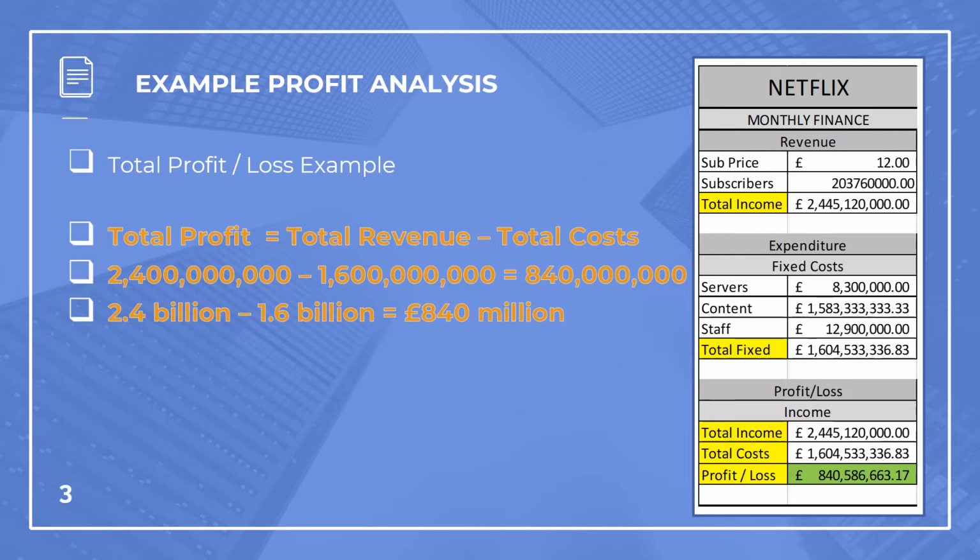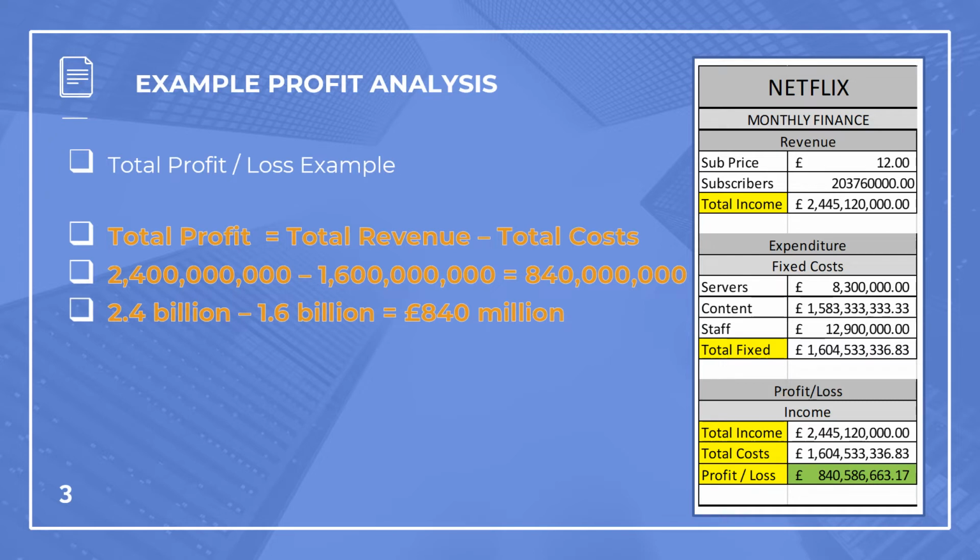If we look at our revenue for Netflix, we have an average subscriber price of £12, and that is how many subscribers were official when I did this research. So if you multiply to get our revenue, the subscription price by the number of subscribers, we've got nearly £2.5 billion.